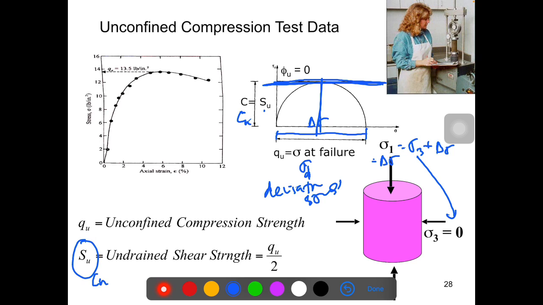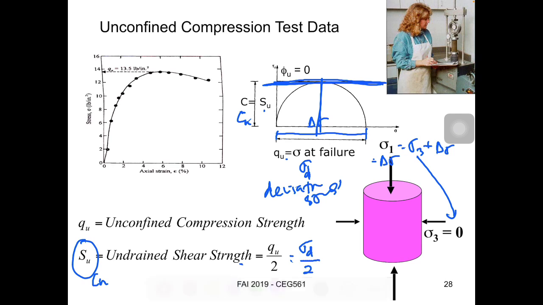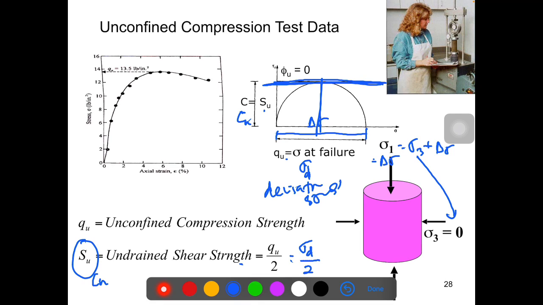Su or Cu is the undrained shear strength. Undrained shear strength means this sigma d, the deviator stress, divided by 2. Why divided by 2? Because this is the diameter, so this is the radius.